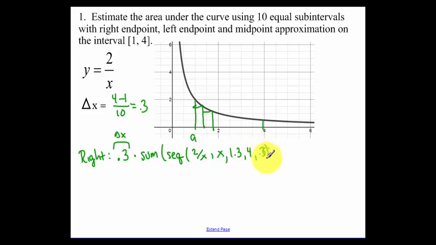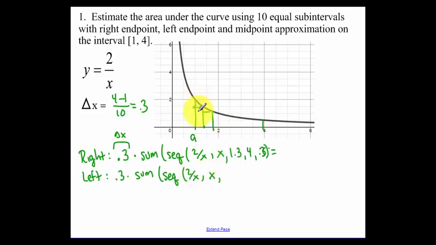I don't know why I wanted to add a 0 in there. Okay, and I'm going to show you guys in a minute how to do that on your calculator. For the left, again, we have our delta x. I'm struggling today. Delta x, which is 0.3, times the sum of a sequence of 2 over x.